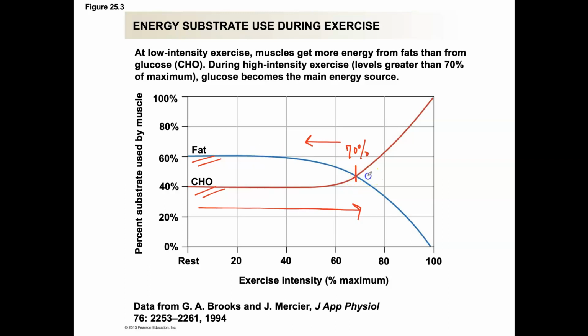But once you go above that 70% of intensity, the fat utilization within the body drops tremendously, and your carbohydrate utilization goes way up. And that's because you've shifted into this anaerobic metabolism, and anaerobic metabolism is going to rely predominantly on your blood sugar levels.